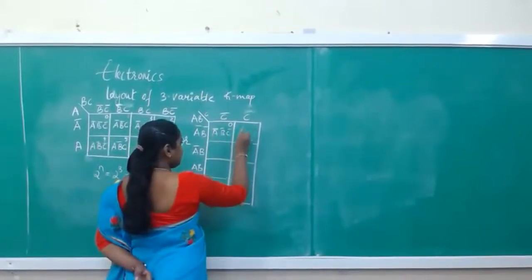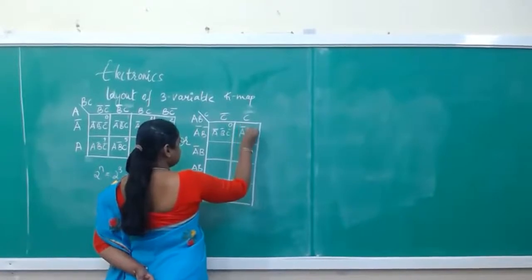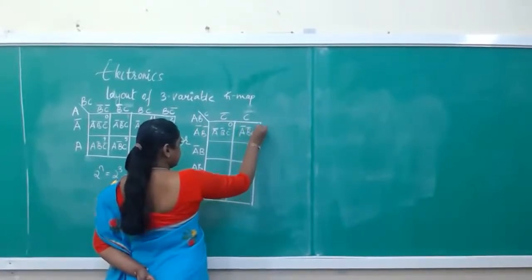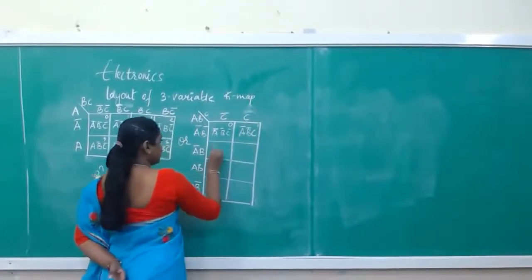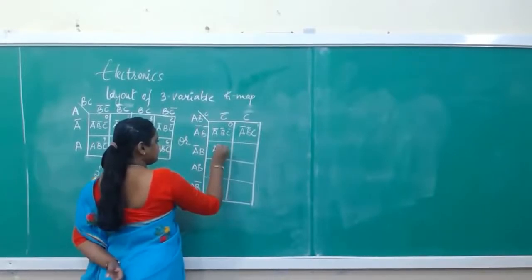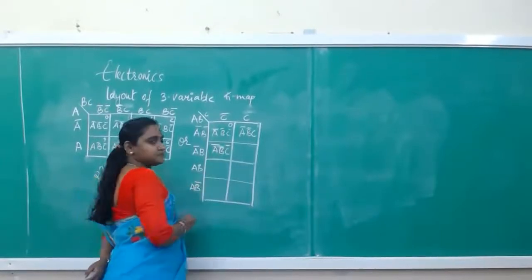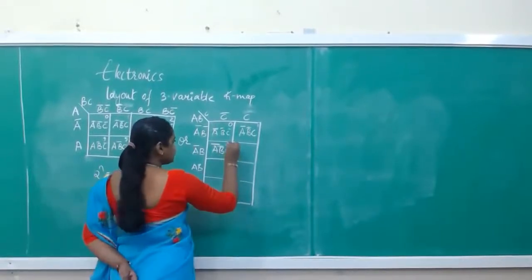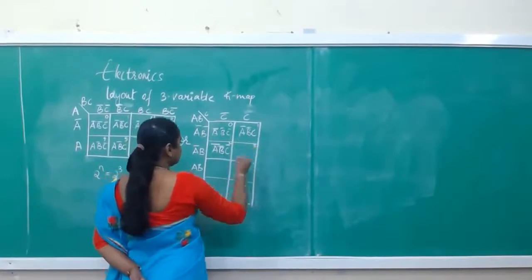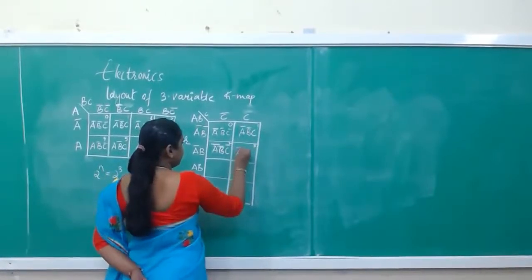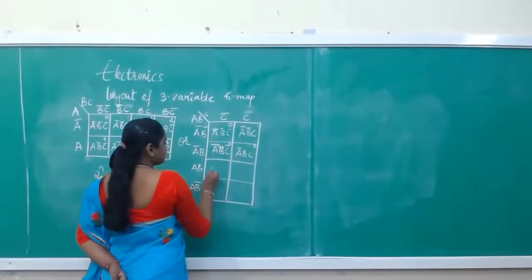The next one, A bar, B bar, C, 1. A bar, B, C bar, that means 2. Next one, 3, A bar, B, C, 0 1 1.